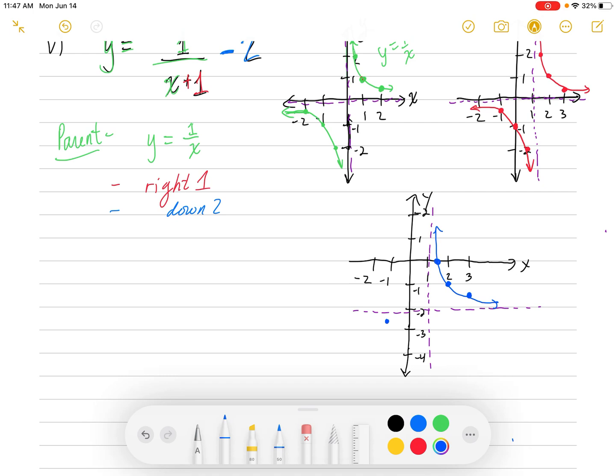Now let's go to the next point here. 0, negative 1, and let's move it down 2, that becomes 0, negative 3. And then let's go to 0.5, negative 2, and move that down 2, and you get 0.5, negative 4.